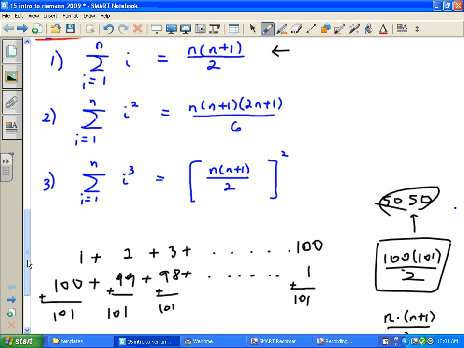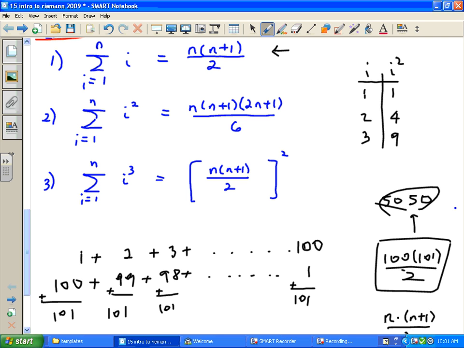And if you're wondering how they even come up with something like this, how did they come up with these formulas in the first place? One year I had an honor student. He actually came up with these himself. He did a little table. He put i, let's say 1, 2, 3. And then for i squared, he wrote down the first few squares. So for example, 1 squared is 1, 2 squared is 4, 3 squared is 9.